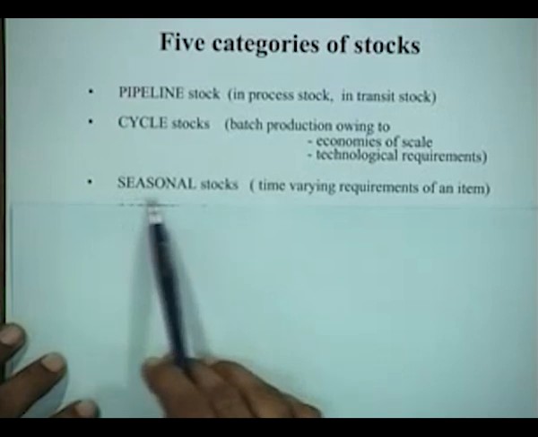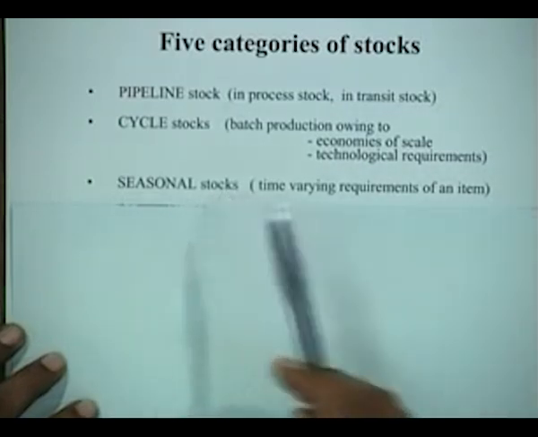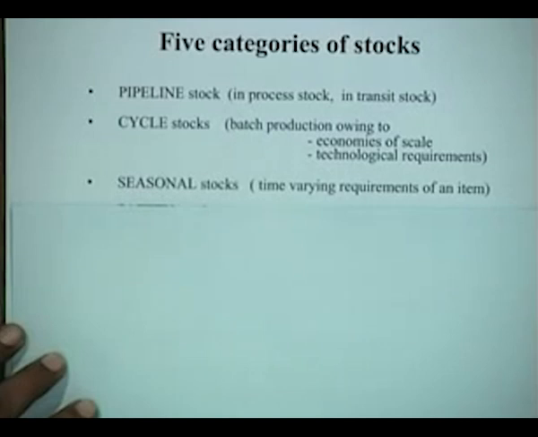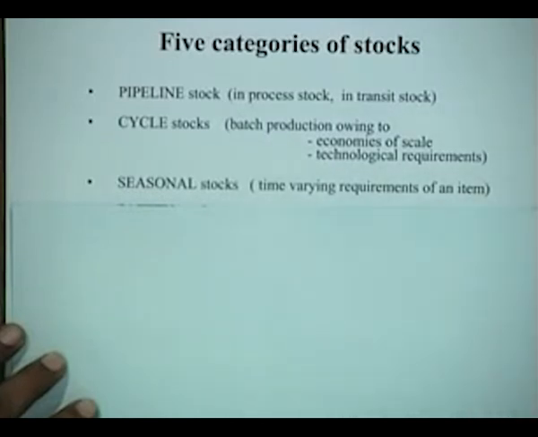The third category of stocks that we talk about in inventories is what we call seasonal stocks. So these are like time varying requirements of an item. Whenever an item is produced, you require probably these stocks in much greater demand, or whenever raw materials are available, you stock them. For instance, agricultural products which are produced in various seasons, what do you find?